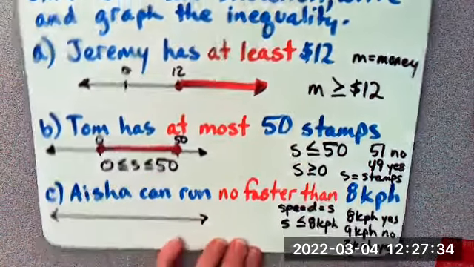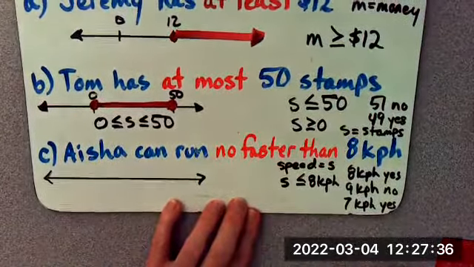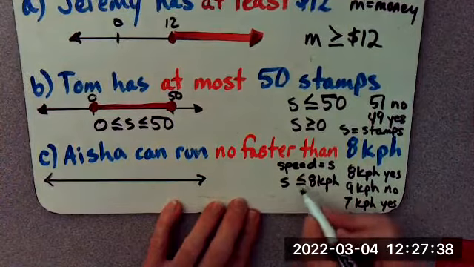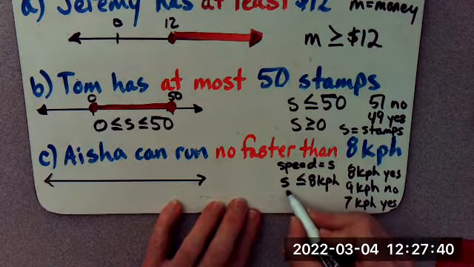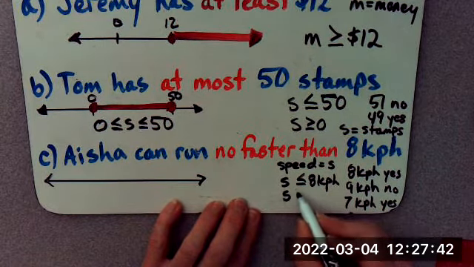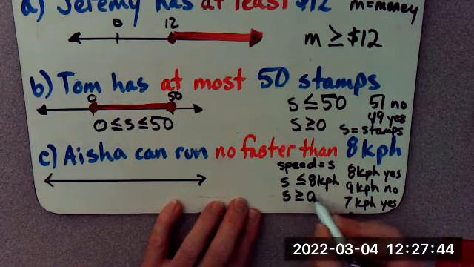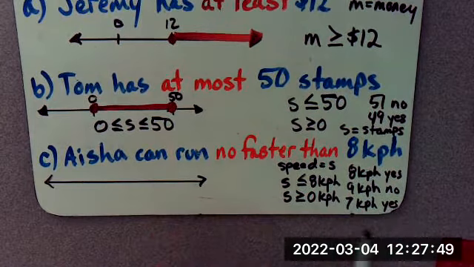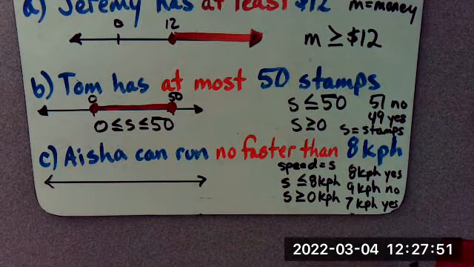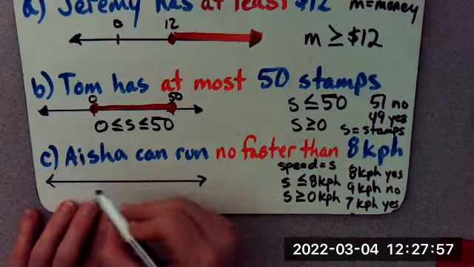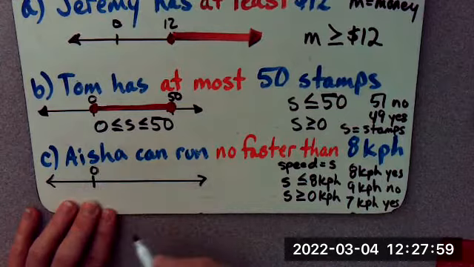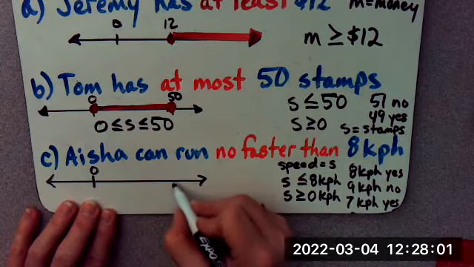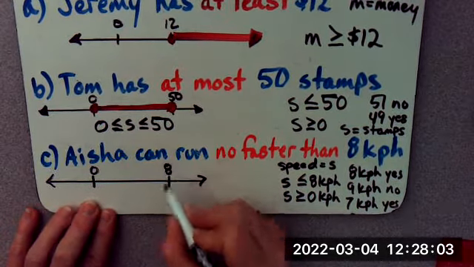Can she go negative kilometers per hour? No. So we have to restrict S to be greater than or equal to 0 kilometers per hour. Aisha can't go less than 0 kilometers per hour. That's not moving. So again we have a 0 here, and we go up to 8 here.